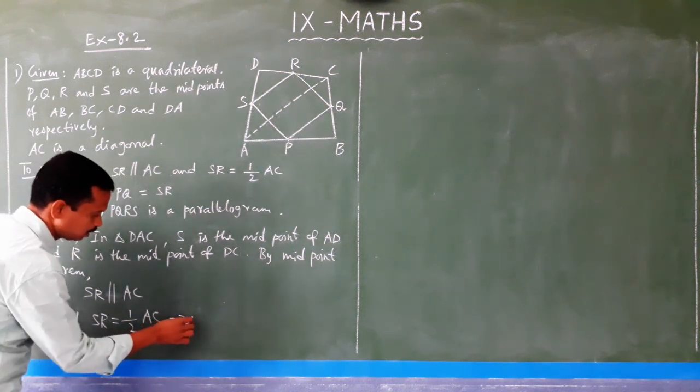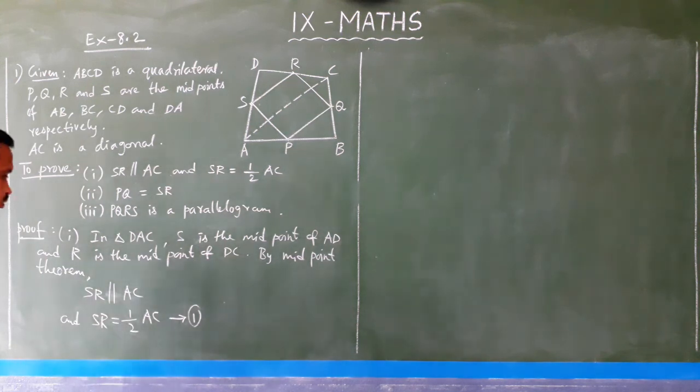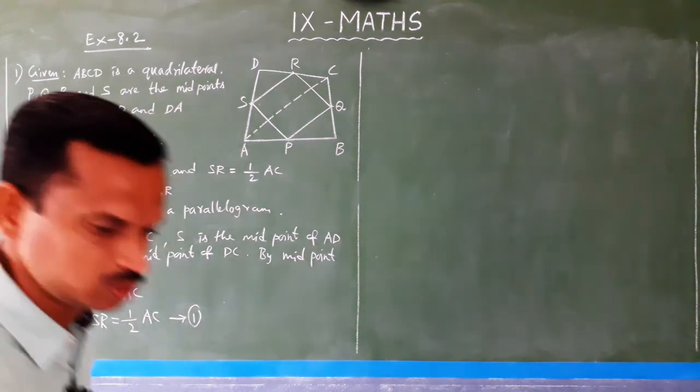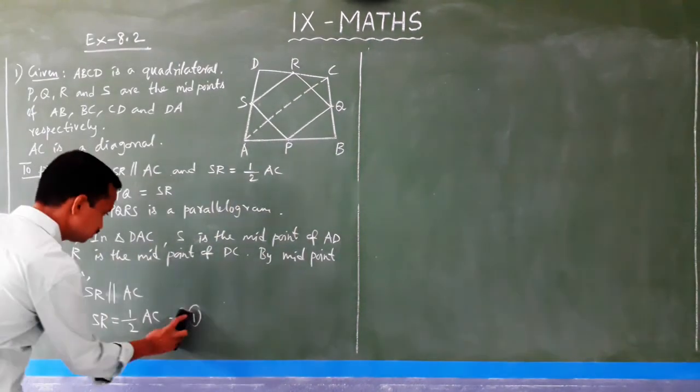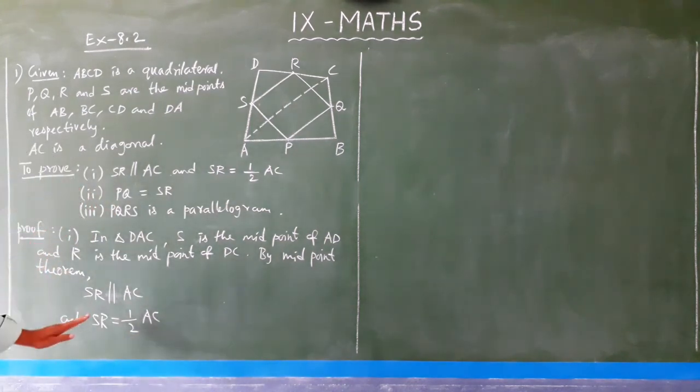Clear? You can call this equation number 1. So in option 1 we have proved that SR is parallel to AC and SR is half of AC.